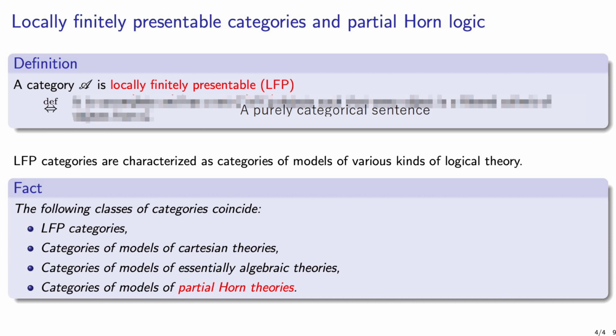The only important thing is that there is a purely categorical sentence here. It is known that LFP categories are characterized as categories of models of various kinds of logical theory, such as Cartesian theories, essentially algebraic theories, or partial Horn theories. Of these, partial Horn theories will play an important role in today's talk.